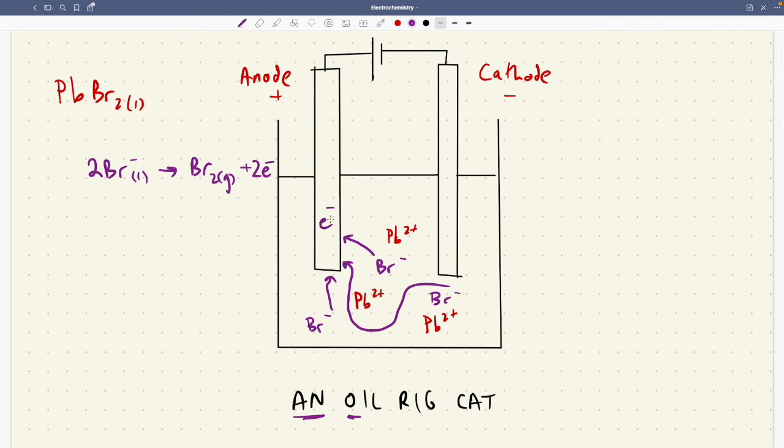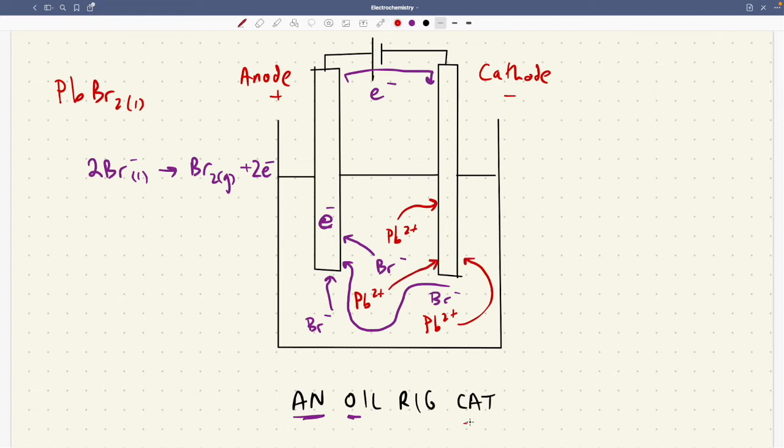Then what is occurring? We have our electrons lost here. These electrons are going to move through the cell. So you want to show the movement of electrons, which you can do with an arrow and label it. So I'm saying the electrons are moving from the anode, where they're lost, to the cathode. At the cathode, we're going to have our cations be electrostatically attracted to the negatively charged cathode.